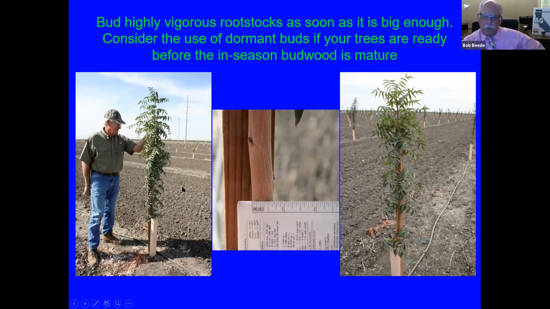There are several nursery propagators who have been collecting dormant wood of the desired cultivars and storing it carefully, and they're then prepared to not only bud replant trees, but also early fall planted trees that reach heights of this size in May. As soon as the trees begin to slip, they can then insert a dormant bud, which allows you more time for developing the desired scion after budding.